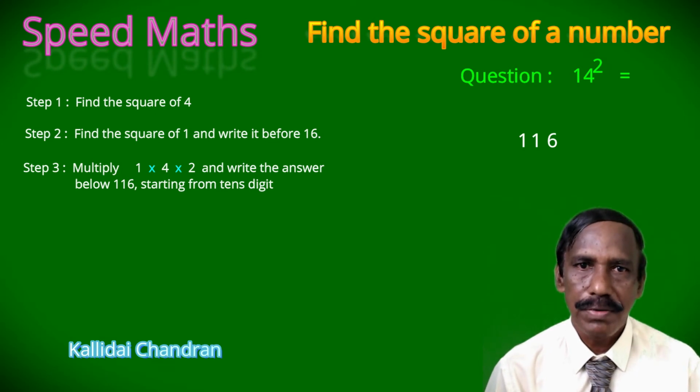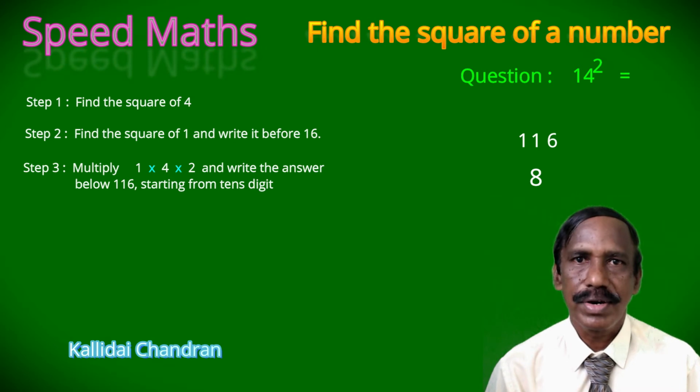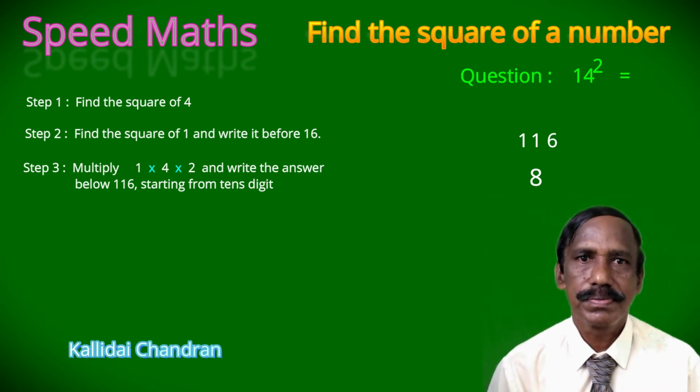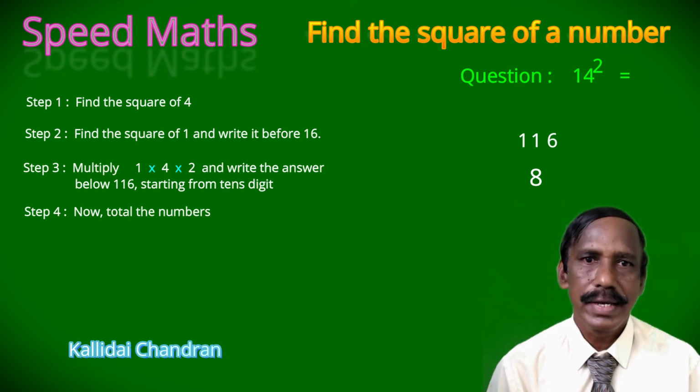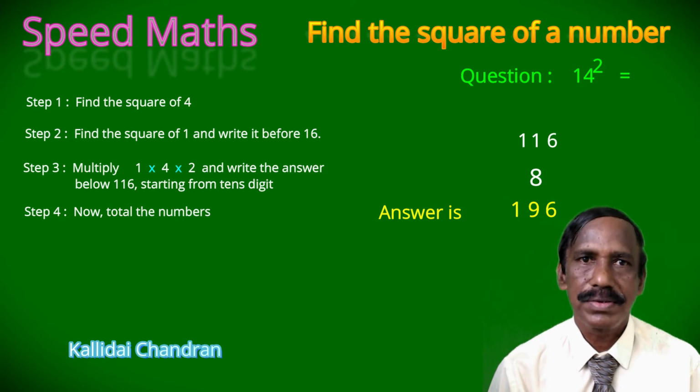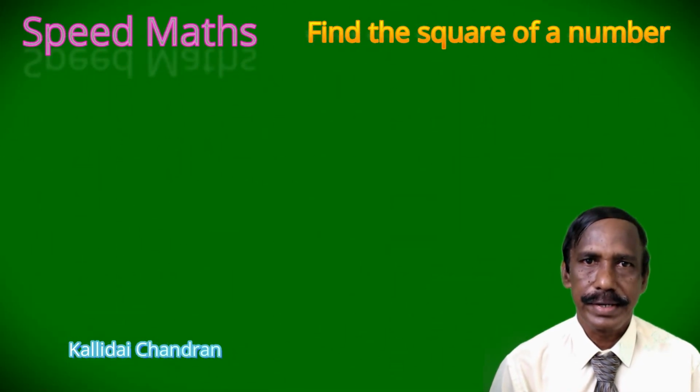So you have to write it below 116 starting from the tens digit. So you write it as displayed here, and when you total 116 with this 8 in the tens digit, the answer will be 6, 8 plus 1 is 9, 1, carry. Thus 196 is the answer for the square of 14.